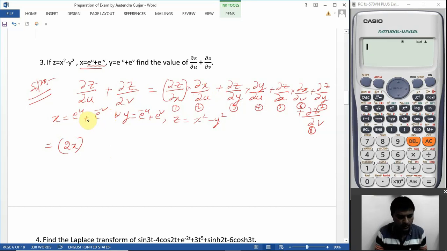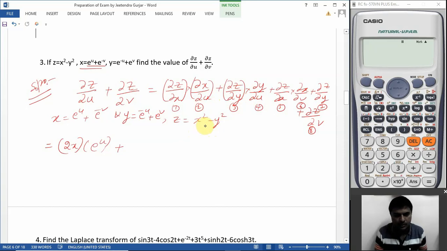Differentiation of e raised to u is, can anybody tell me? It is e raised to u only. There is no change. So I will write directly e raised to u, plus. Okay, now go to the next. This is over. Next, plus dou z upon dou y. Same, the z is equal to x square minus y square equation is there. Differentiate this with respect to y partially.